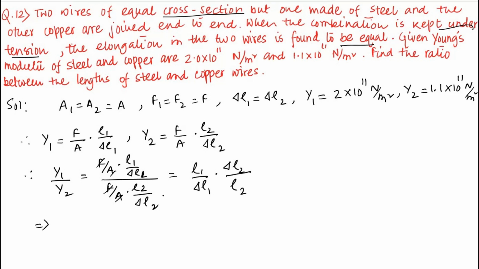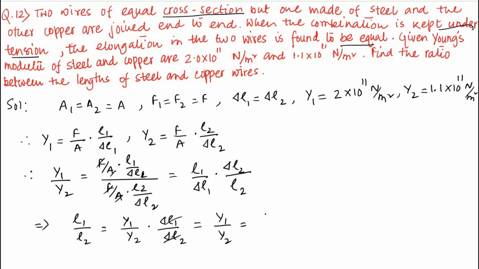And we have to find out the ratio between the lengths of the steel and copper. So L1 by L2 is equal to Y1 by Y2 into delta L1 by delta L2. Here delta L1 and delta L2 are also equal to each other, so this will cancel out. So we have Y1 by Y2 only.